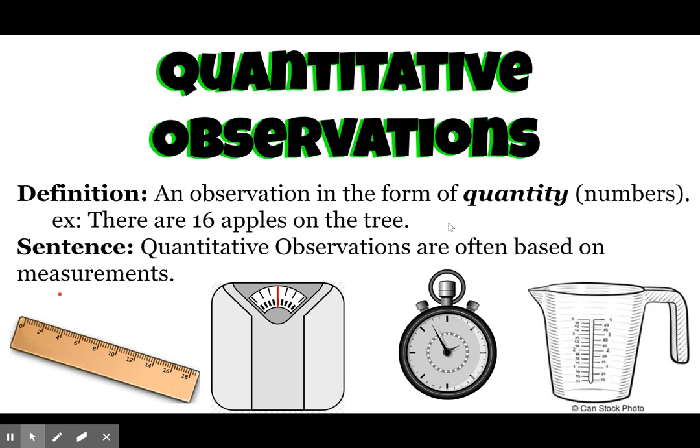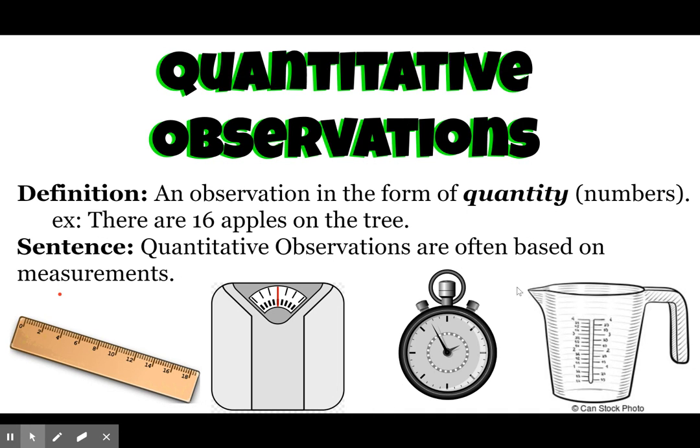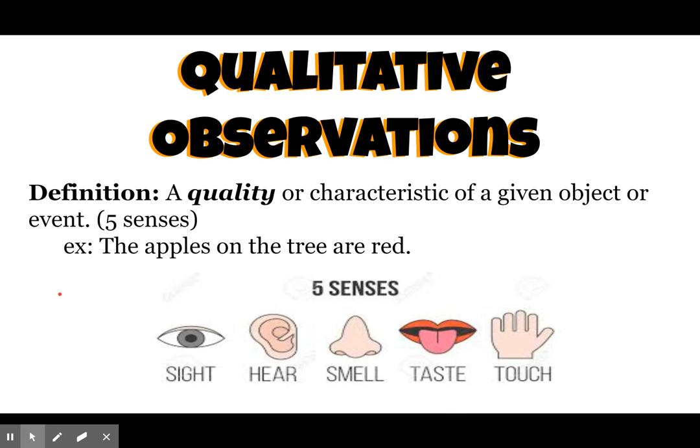So using it in a sentence, quantitative observations are often based on measurements. So again, you can think about measuring the length or the width, the weight, time. You can think about measuring a liquid. So in ounces or liters or milliliters. Quantitative is thinking about numbers. And then qualitative is thinking about a quality or a characteristic.